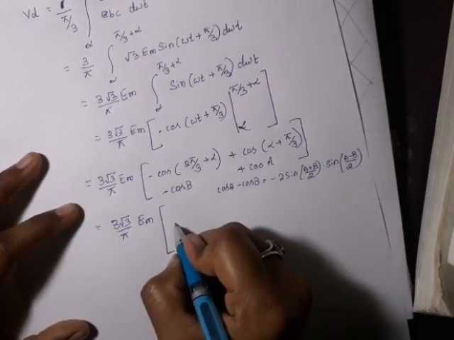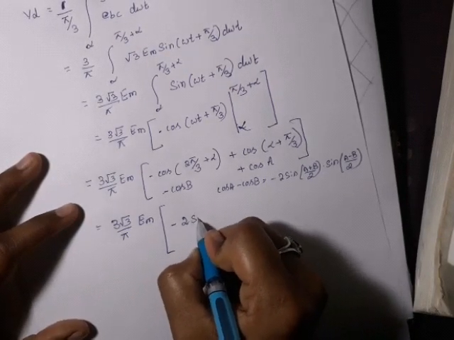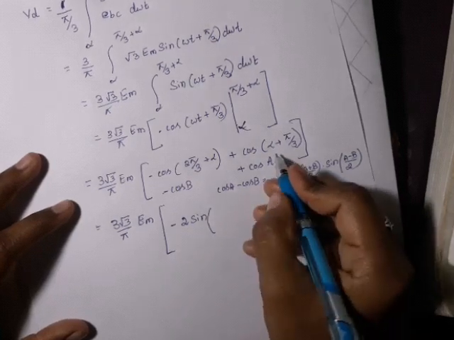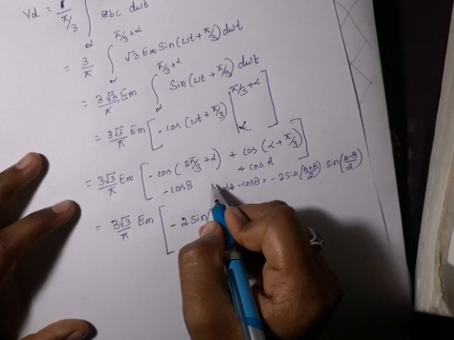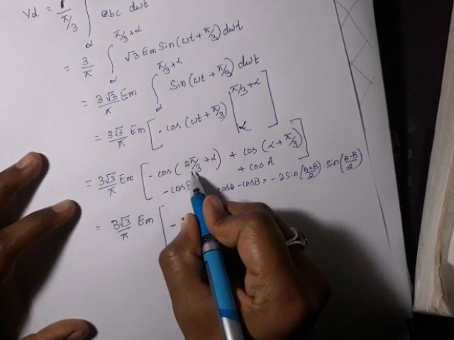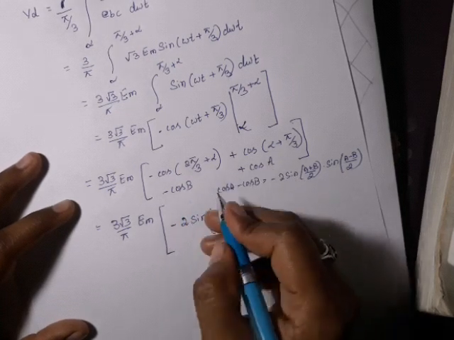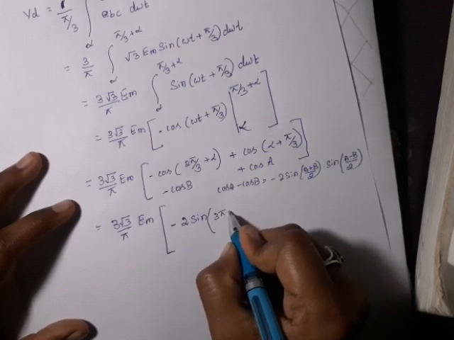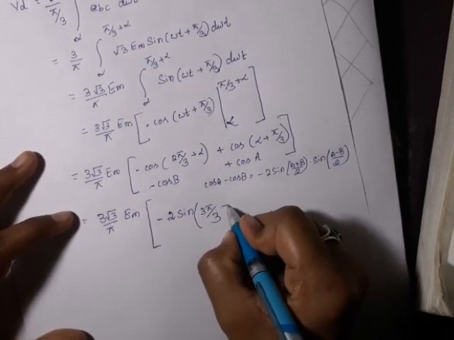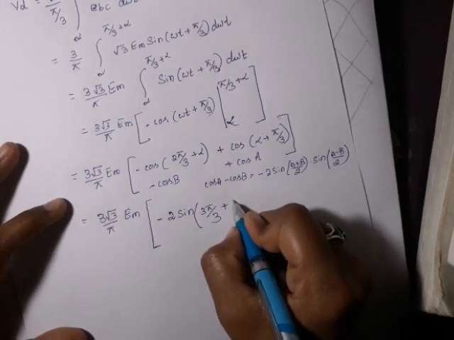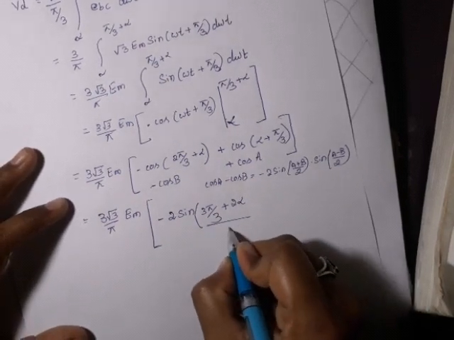EM into minus 2 sine A plus B, pi by 3 plus 2 pi by 3, that is nothing but 3 pi by 3, plus alpha, 2 alpha, whole divided by 2.